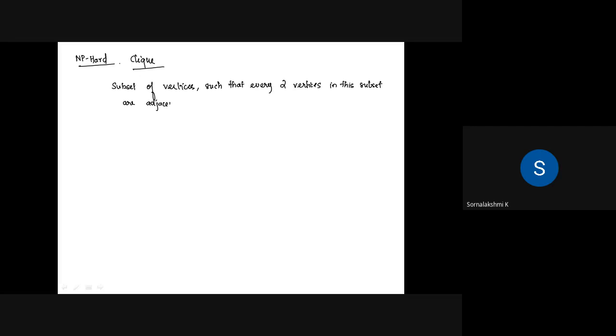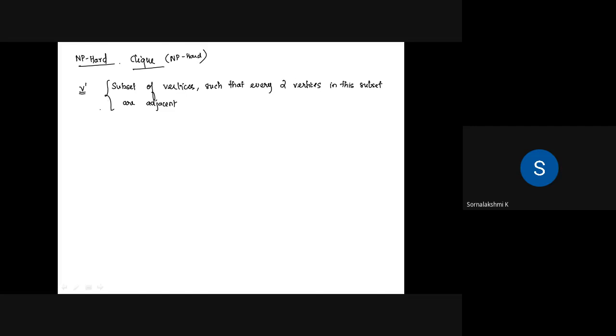What we are going to use is that finding the clique is NP hard. Finding a clique from a graph is NP hard. So what is a clique? A clique is a subset V dash of vertices such that any two vertices you take from the subset are adjacent to each other. A subset of such vertices is called a clique.